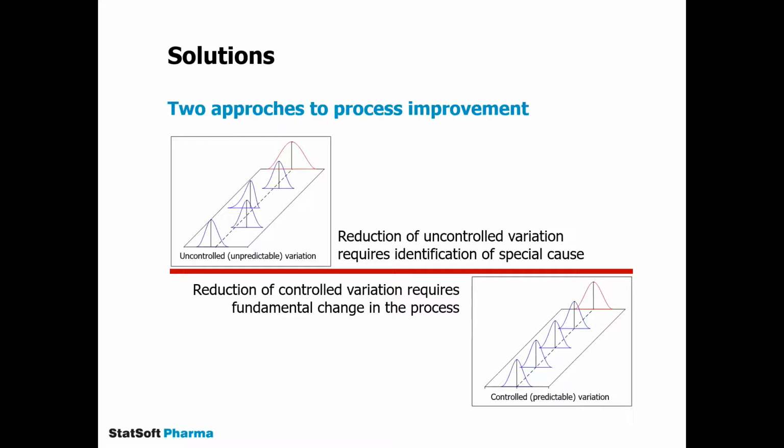If the process has unpredictable adverse variation, the special cause responsible for the unpredictability should be identified and eliminated or compensated in some way. However, if the process has variability that is consistent and predictable, the only way to improve this kind of process is to fundamentally change the process, because there is no single dominant cause and effect relationship.